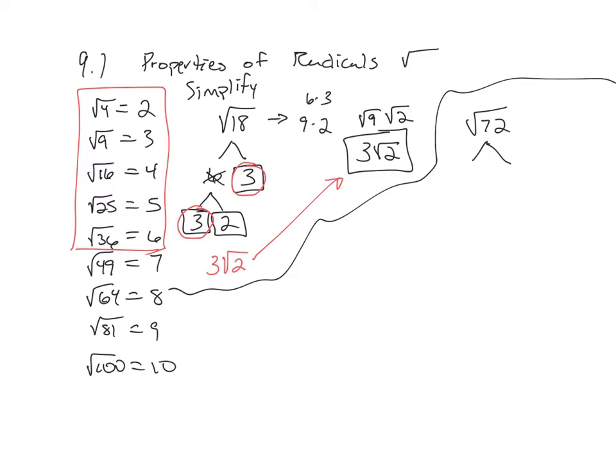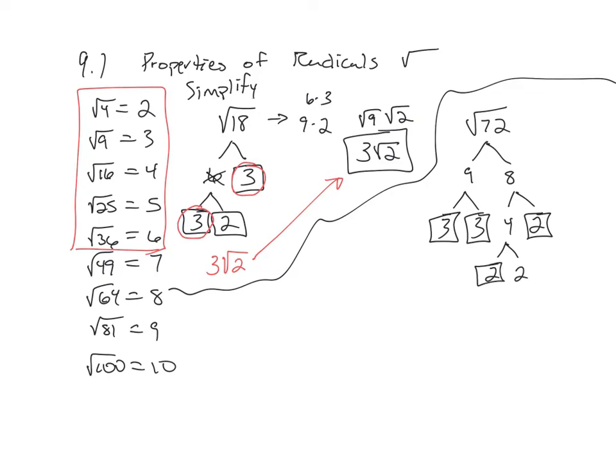When you ask me what times what is 72, the first numbers that come to mind are 9 times 8. And okay, I can't do anything with the 3. I can't do anything with the 3. And then 4 times 2 is 8. Okay, can't do anything with the 2 or the 2 there, so I'm done.